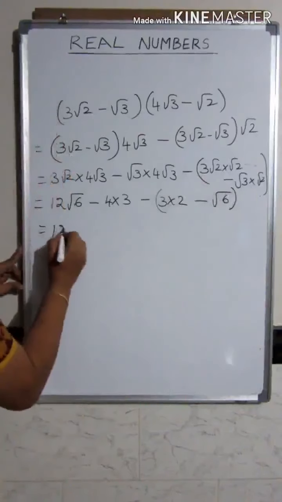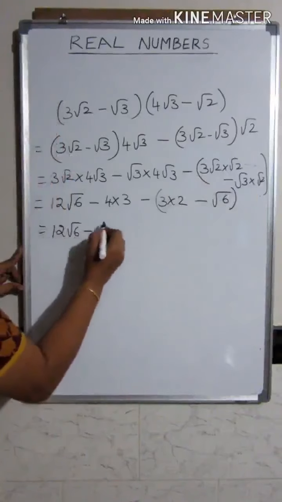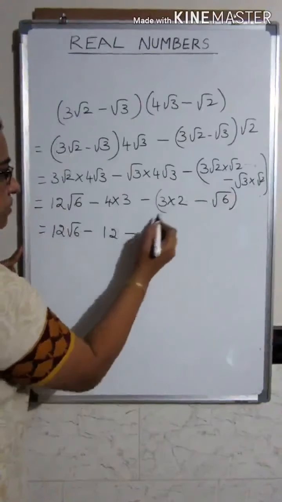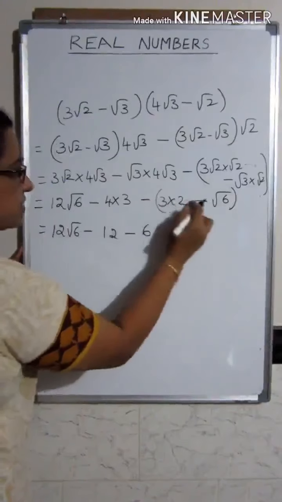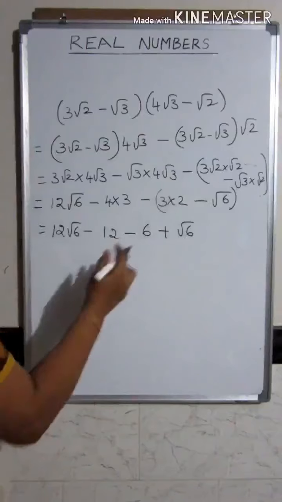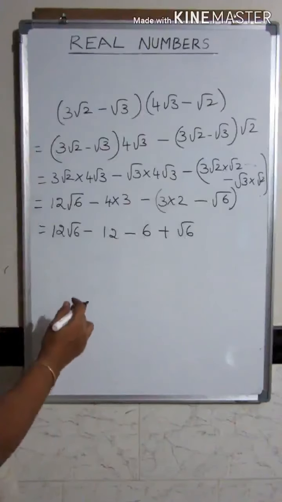Now this will be 12 root 6 minus 12. Now open the bracket with the minus sign, so you will get minus 6, minus into minus will be plus root 6.